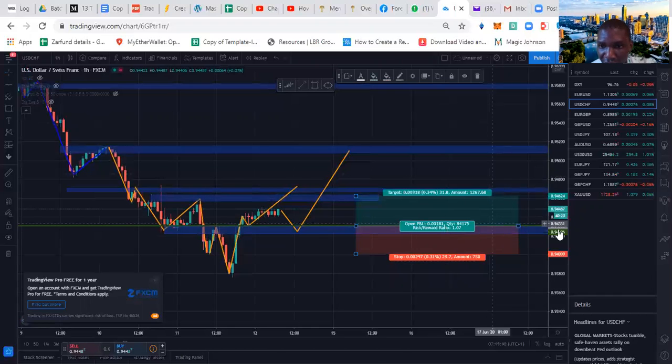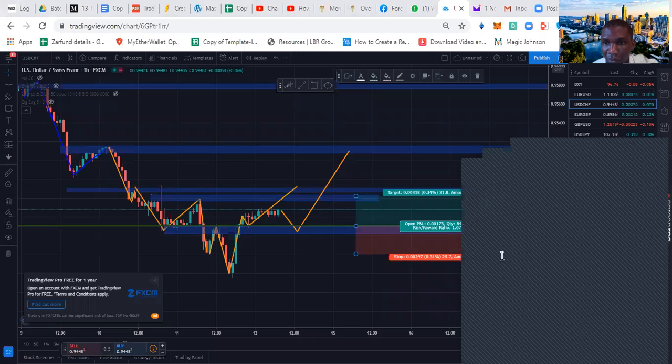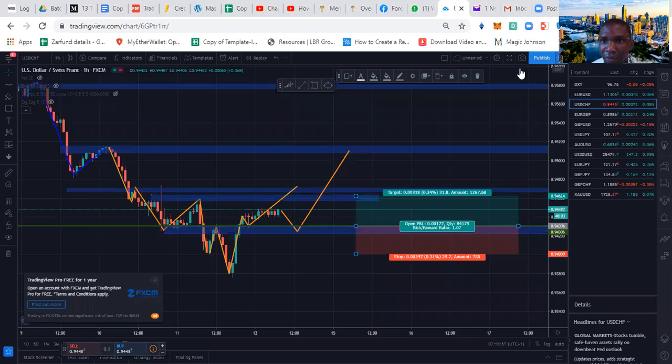So we have our entry. Our entry is where the ash color is. This is USD CHF. Okay, so I'll type it here: USD CHF. Then the entry.